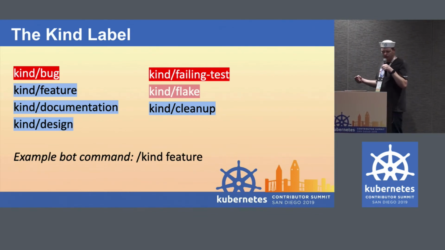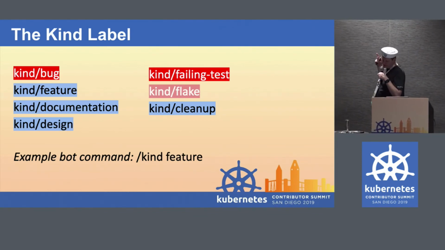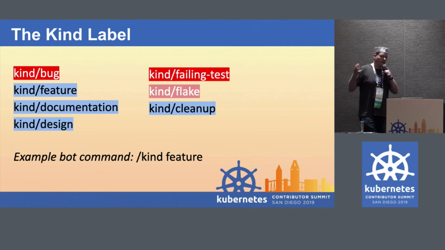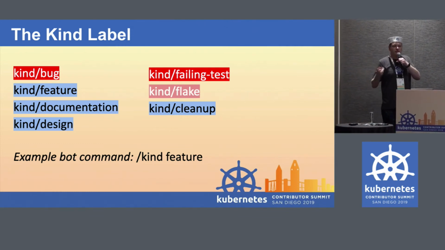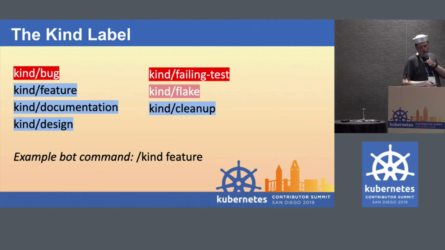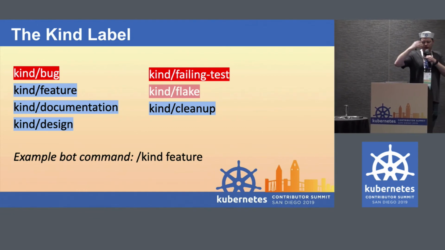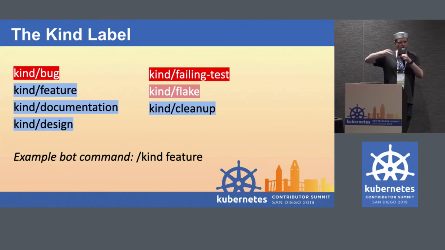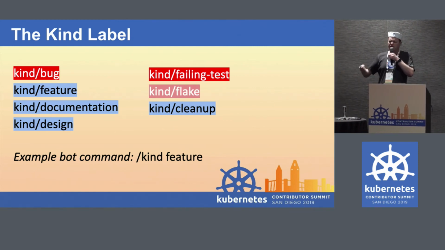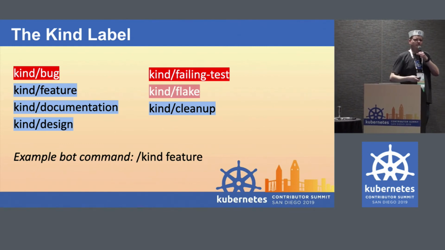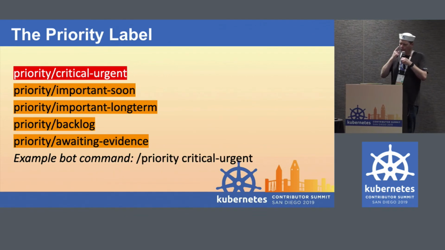The kind labels: we have bug, feature, documentation, design, failing-test, flake, cleanup. So kind, example usage: /kind feature. Everybody understand how to use K8s CI Robot and apply labels at this point?